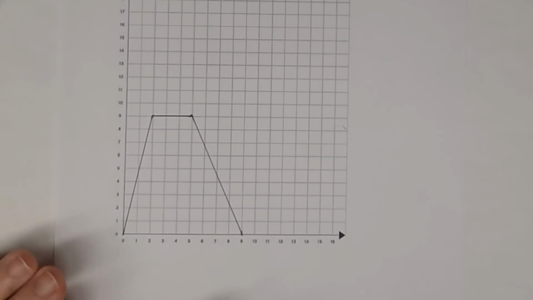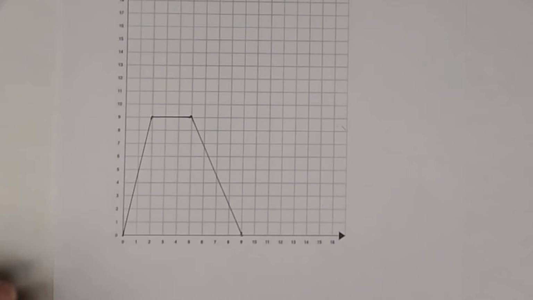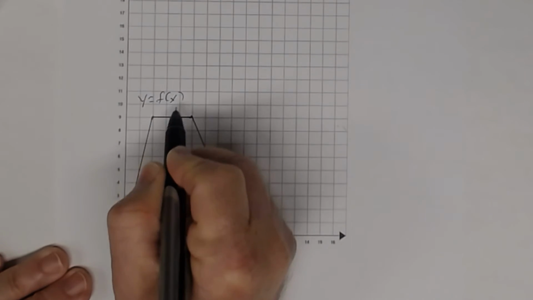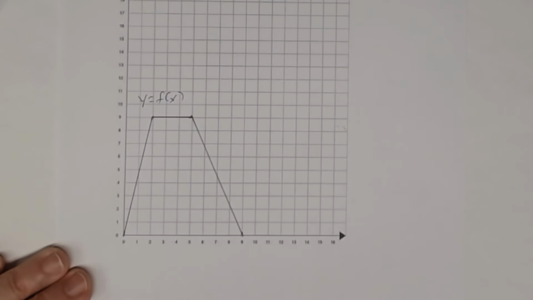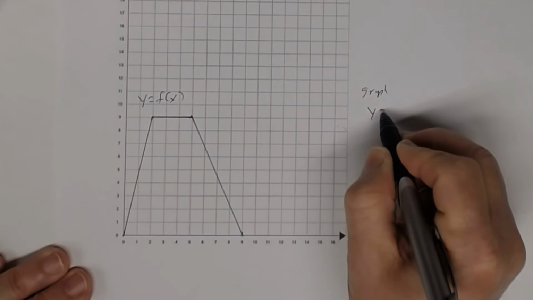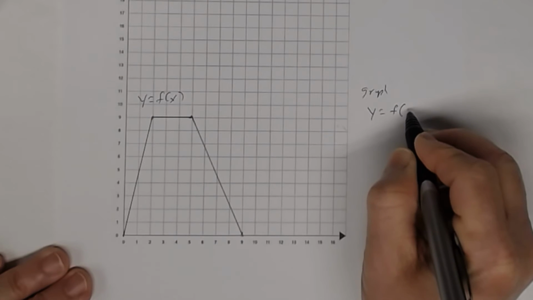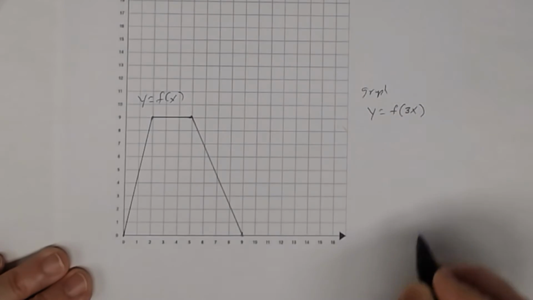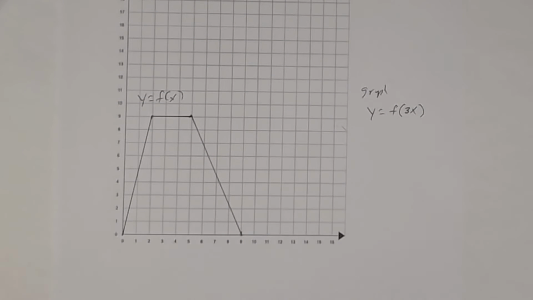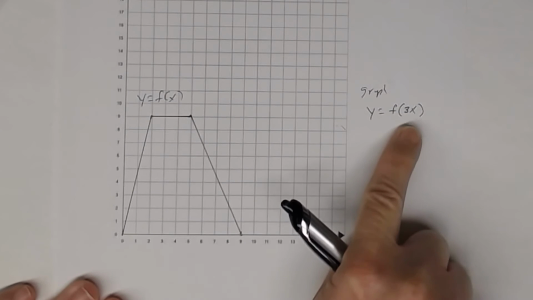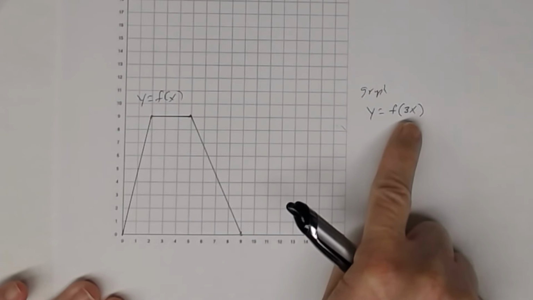Okay, now let's look at a couple examples. Let's say we have this function here, and let's assume that this is our function y equals f of x. And let's say we want to graph the function y equals f of 3x. Remember that's a horizontal transformation, either a horizontal stretch or a horizontal compression.